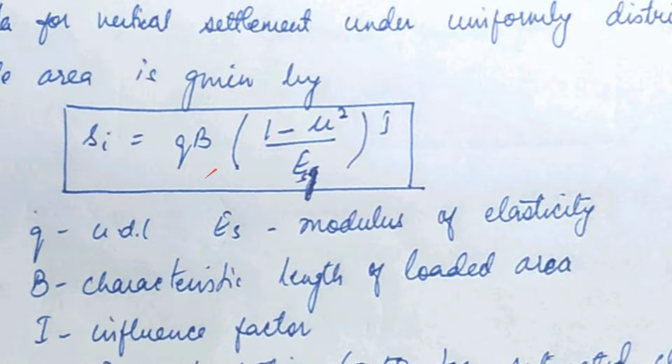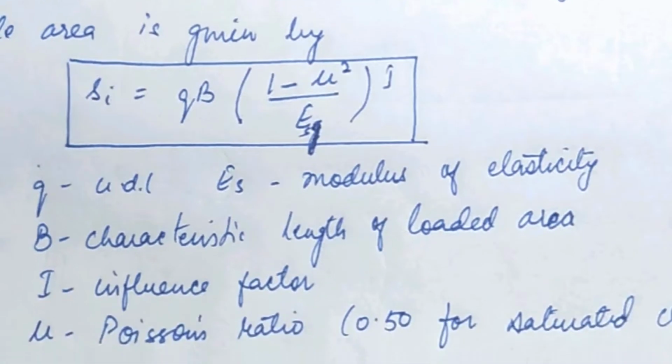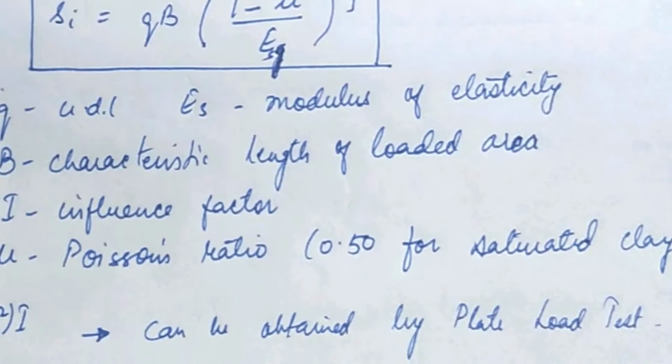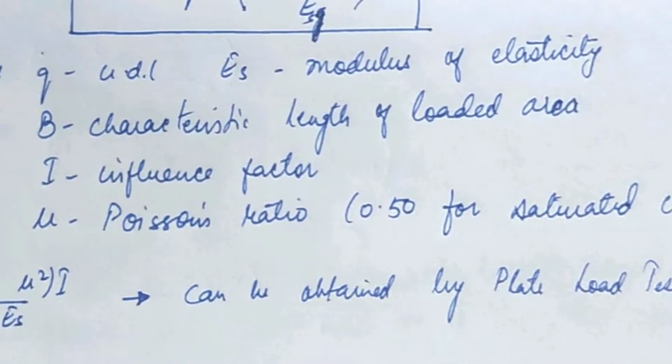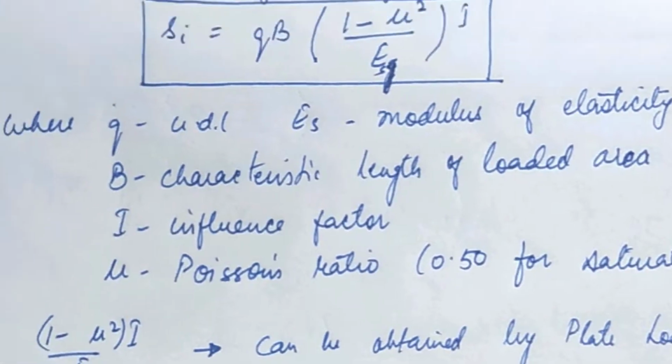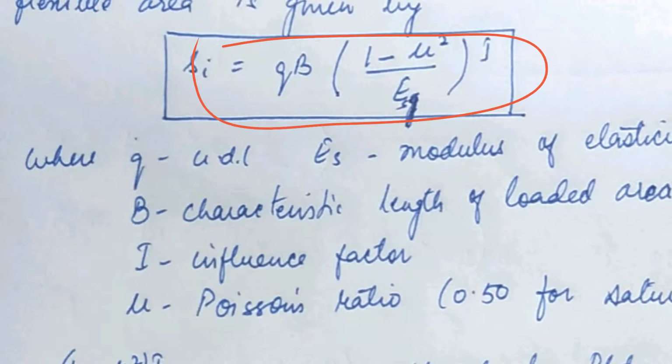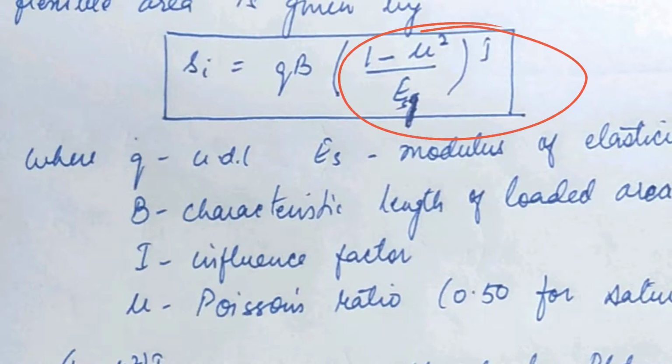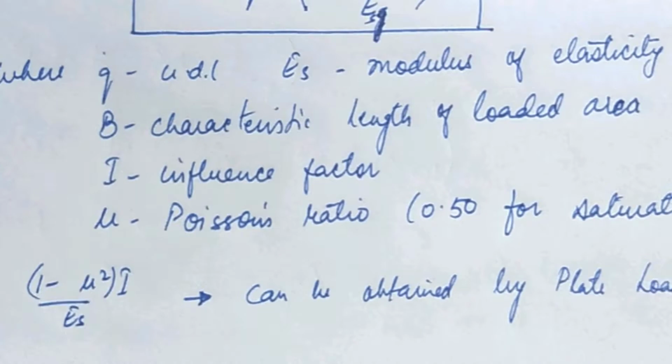B is the characteristic length of the loaded area. I is your influence factor. Mu, the Poisson's ratio, and it is taken as 0.5 for saturated clays. And you have ES. What is ES? The modulus of elasticity. And let me tell you that the value of (1 minus mu square) by ES multiplied by I we can get directly from the plate load test.